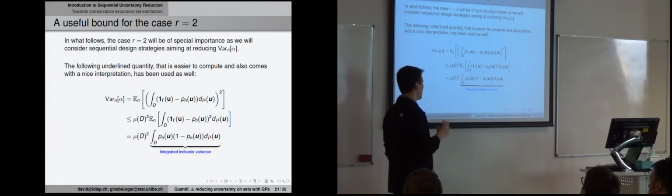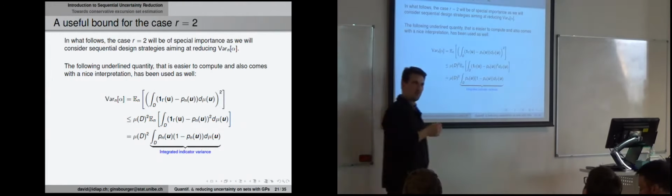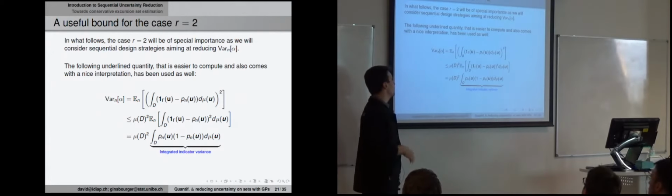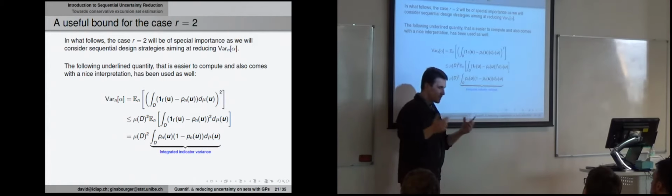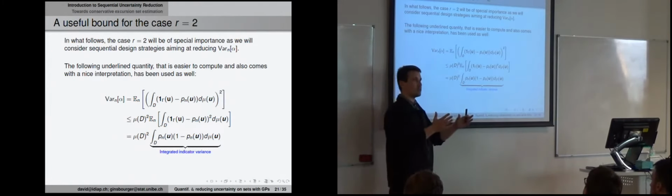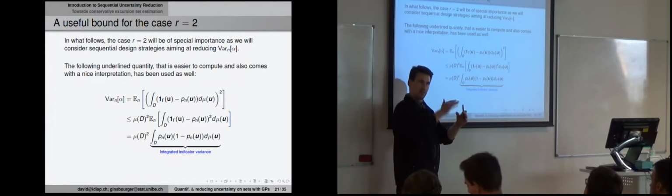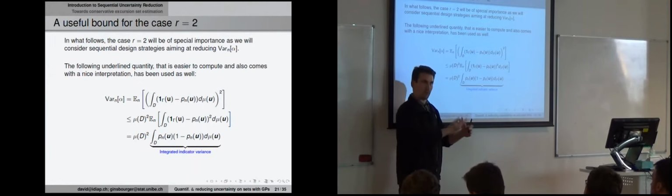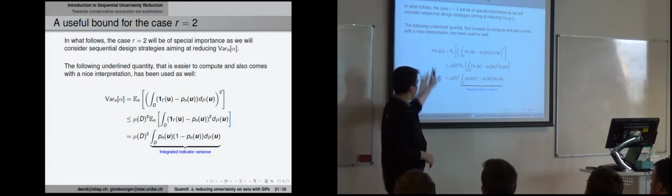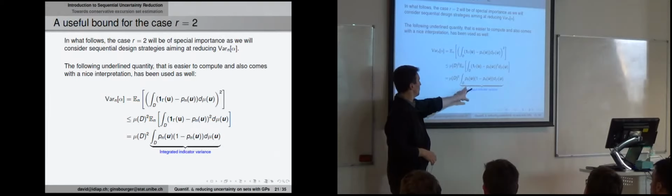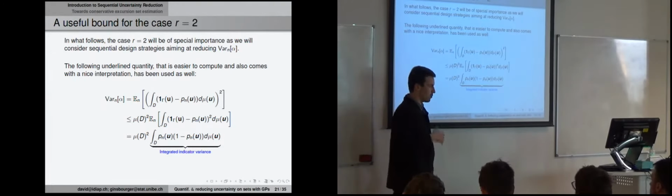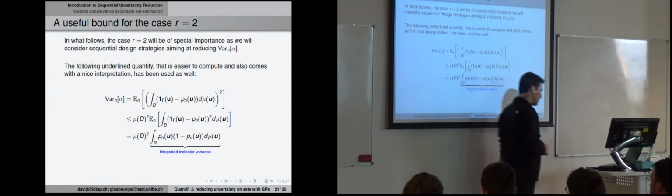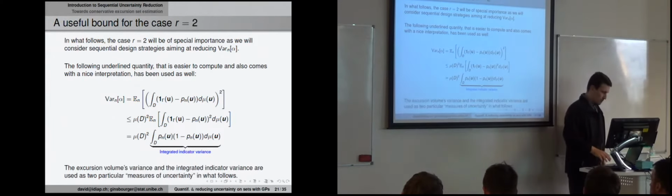So flip a coin, probability p of having heads, then the variance is p times 1 minus p. Here we are just integrating the variance of the indicator function that says below or above the threshold at every point. And this is a bound on this. So if we manage to make that guy small, we are going to make that guy small. This is just a detail, but it is going to be used next.